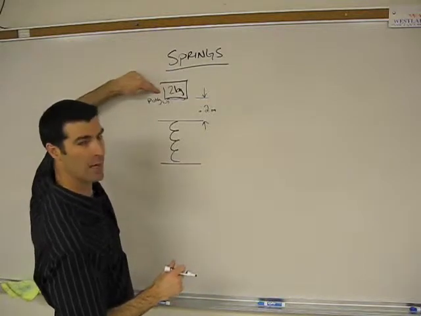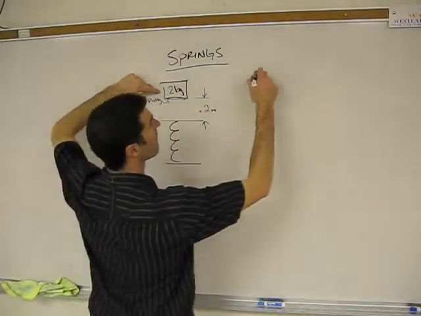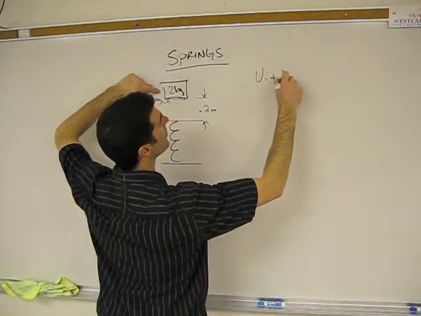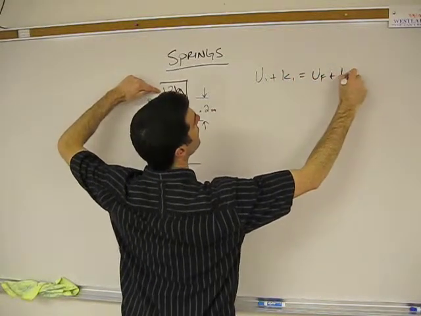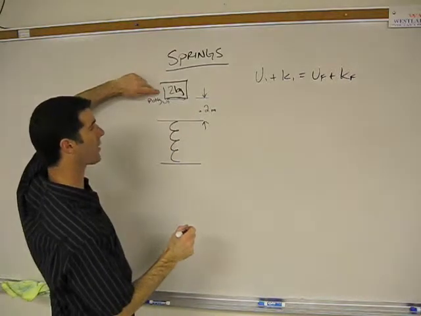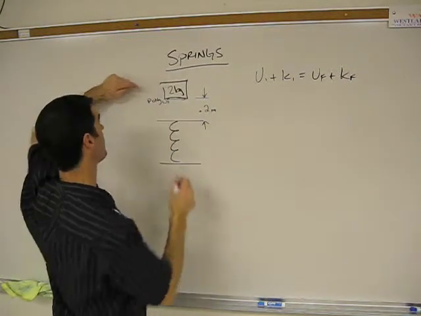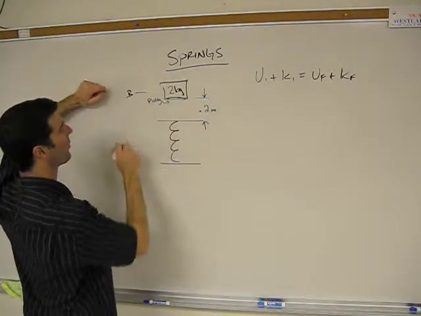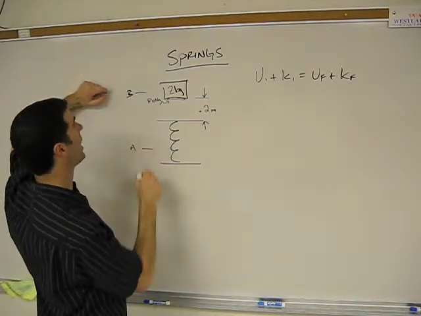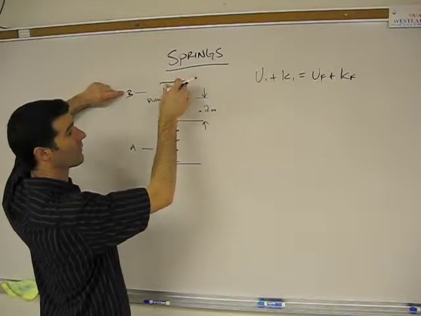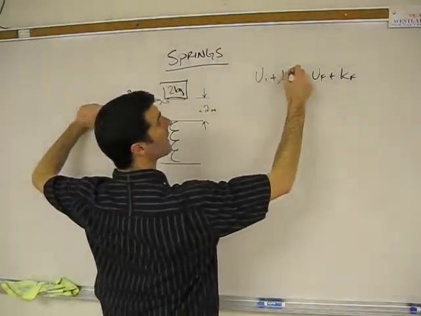So again, I want to use conservation of energy. Ui plus Ki equals Uf plus Kf. If I call this point my high point, my before point, and then when it's fully compressed down here, my after point, before the block we release it from rest has no kinetic energy.